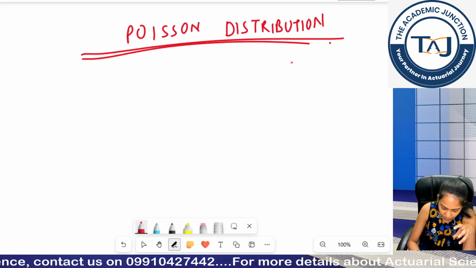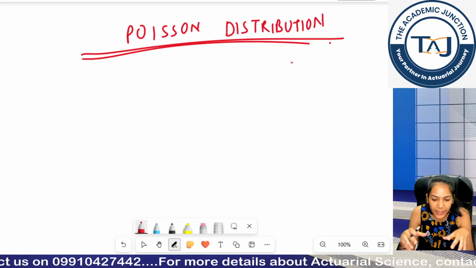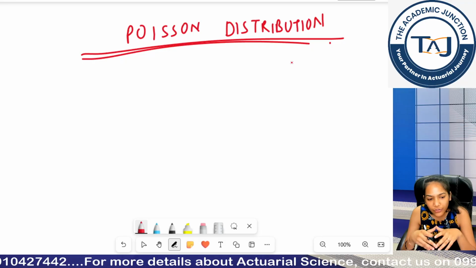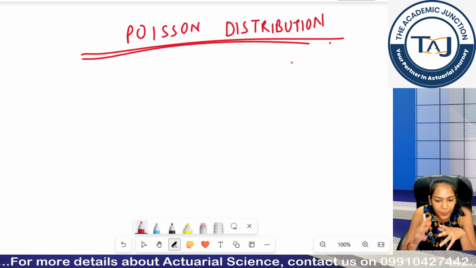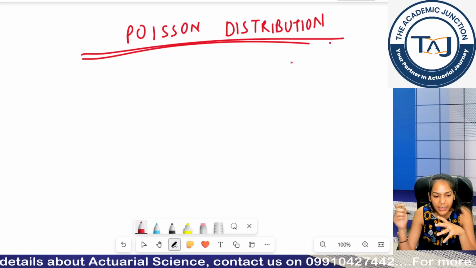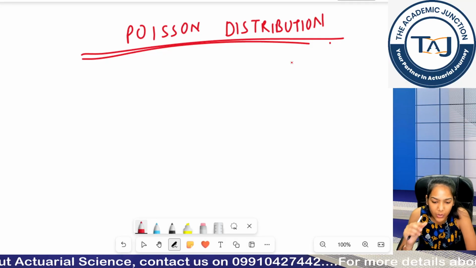Now, if I talk about the Poisson distribution, let us take an example. For example, I am watching a match. I usually say in this football match, on an average, 3 goals are scored per match. I read the past data, I saw the past matches, so I can say on an average 3 goals are scored per match.